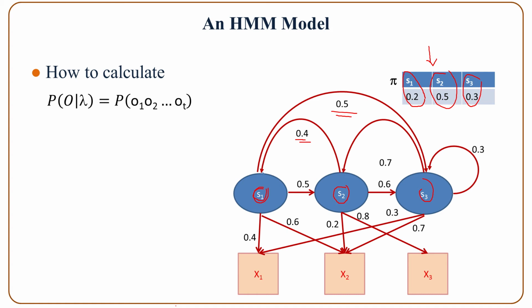Also, we can see the emission probabilities. For example, at S1, observing X1, it is 0.4. At S1 and observing X2, it is 0.6, etc.